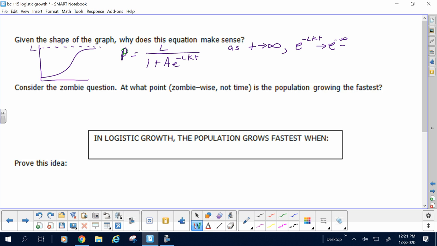And so what does L over 1 plus A e to the negative infinity go to? What does e to the negative infinity go to? 0. And therefore, this approaches L over 1 plus 0, so it makes sense that that equation would generate a behavior that approaches L as time goes on, yeah?